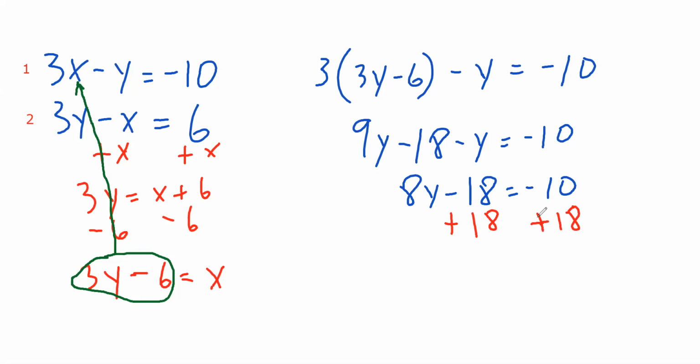So you're going to have 8y equals negative 10 plus 18 is positive 8. And now you'll just see that y is going to be equal to 1. Divide both sides by 8. Very simple.